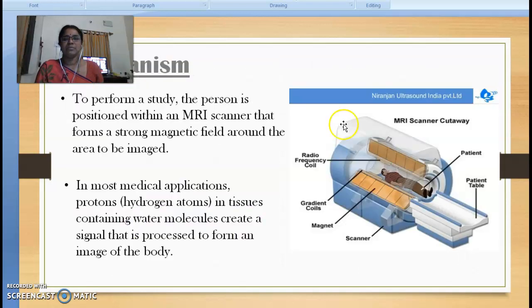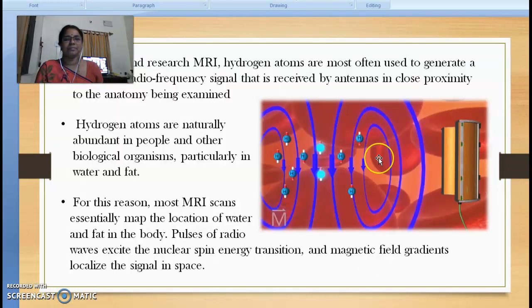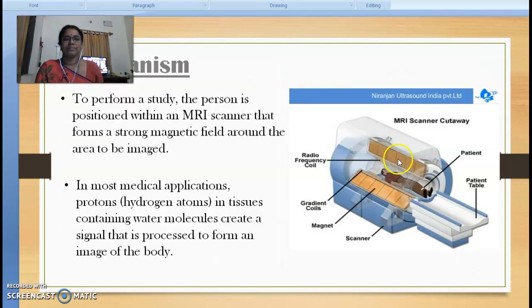How does this work? This is the mechanism. See, this is the magnet. These are the gradient coils. This is the scanner, and this is the patient table. It is slowly sent inside. Mainly, radio frequency coils are there.